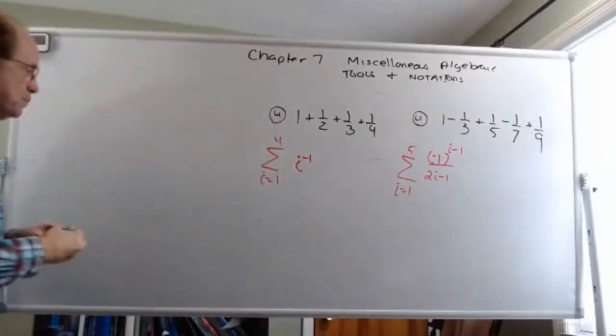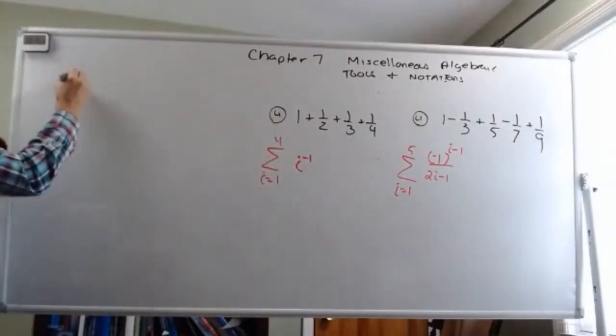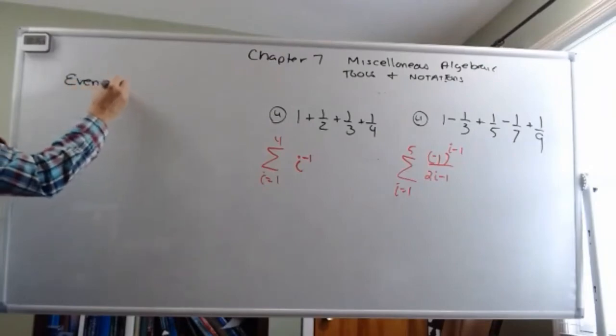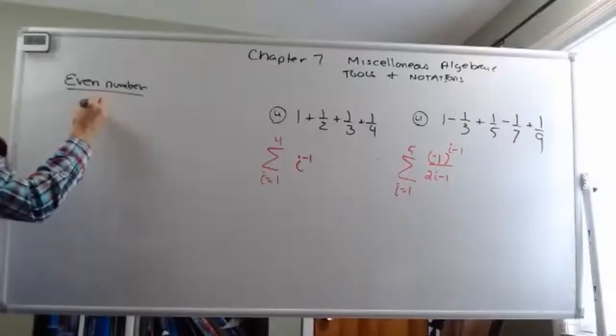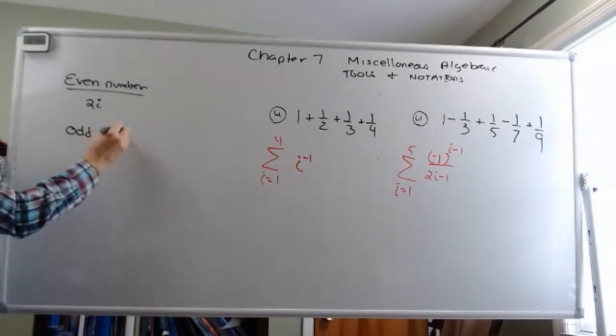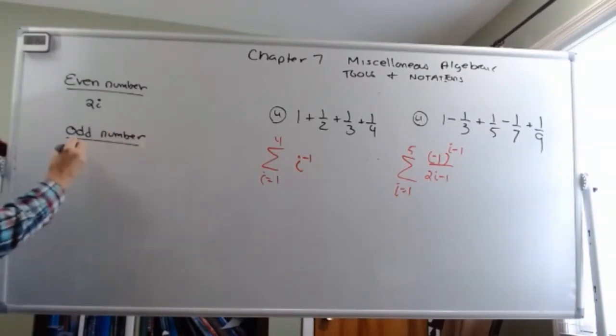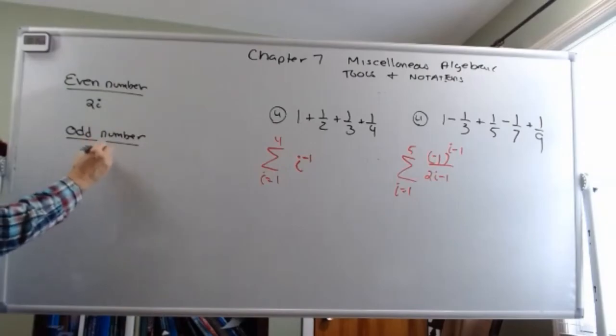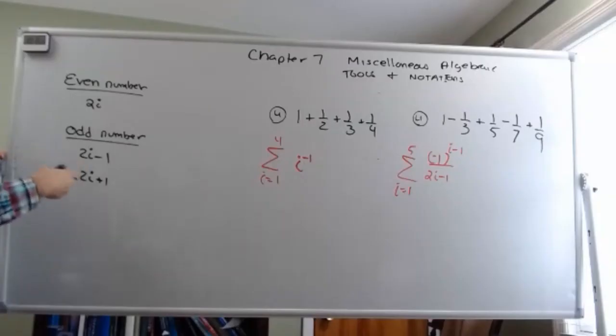If you want to represent an even number, you're going to take 2 times i. If you want to represent an odd number, there are 2 ways of doing this. You could use 2 times i minus 1 or 2 times i plus 1. Depending on where you start in that sequence of odd numbers, you might use one or the other.